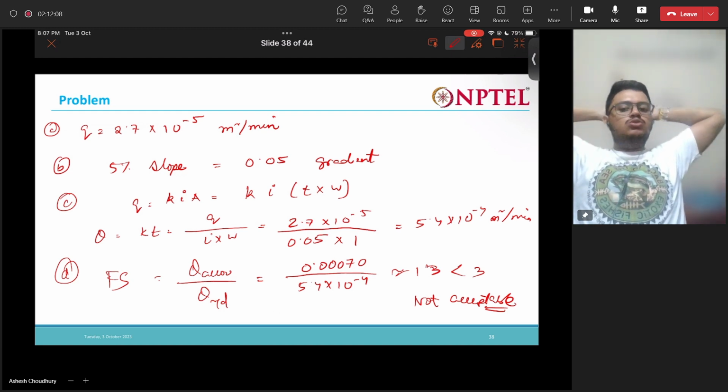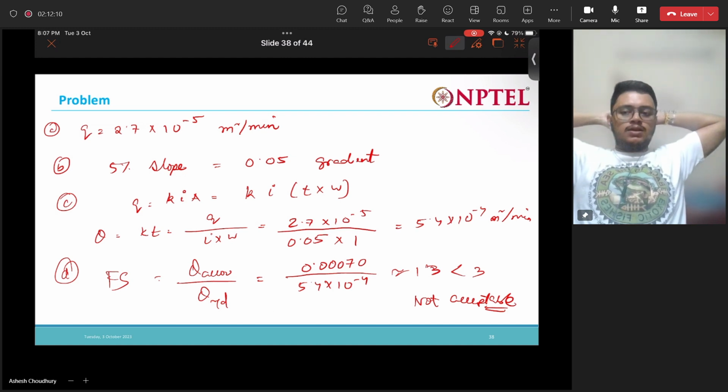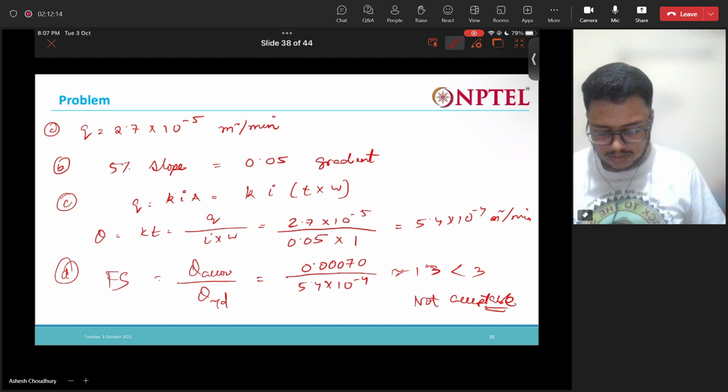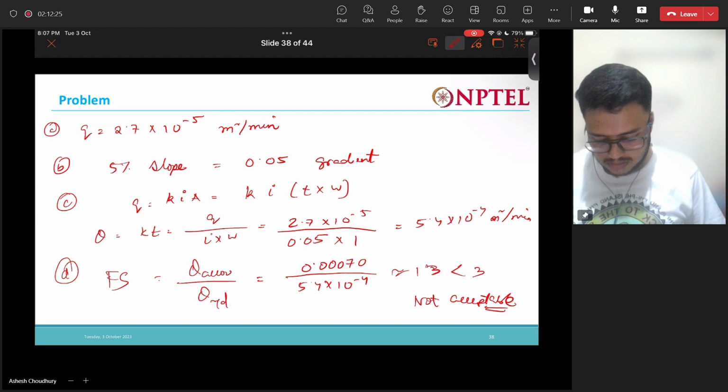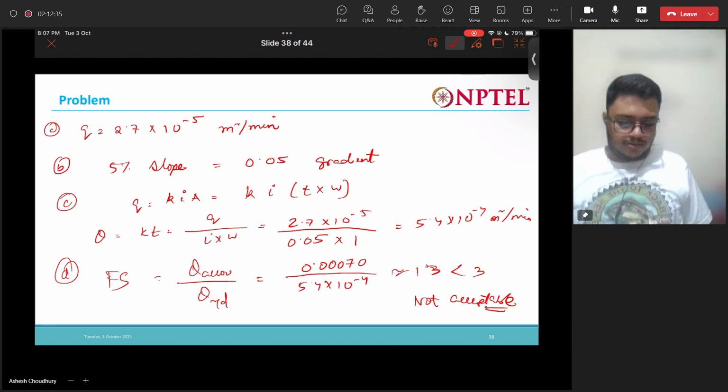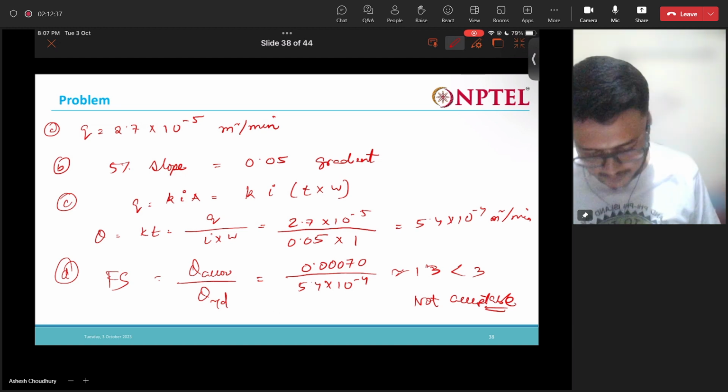At least we need to use 3 to 4 layers of the same geotextile, 0.0007. So these 3 to 4 layers of this geotextile are required, or what we can do, we can use geonet in place of geotextile.